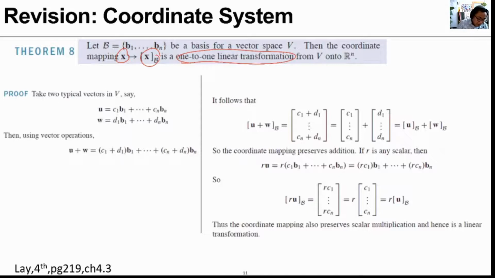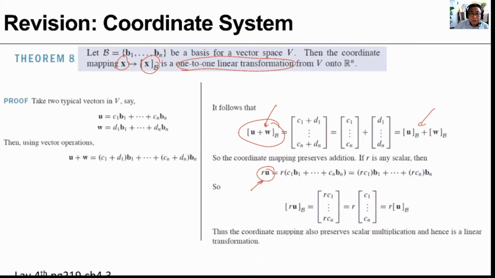So to prove linearity, we have to prove these two operations preserve the linear structure, meaning that the sum of two vectors in the B coordinate and the scalar product of the B coordinate observe or preserve addition and scalar multiplication. Please go through the proof by yourself, and then we are done with this.